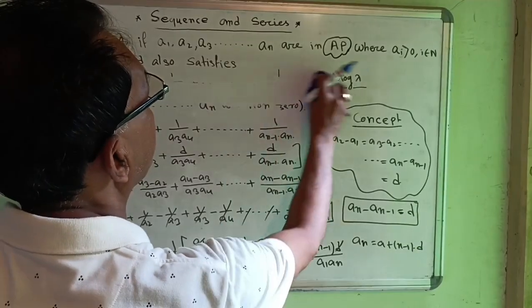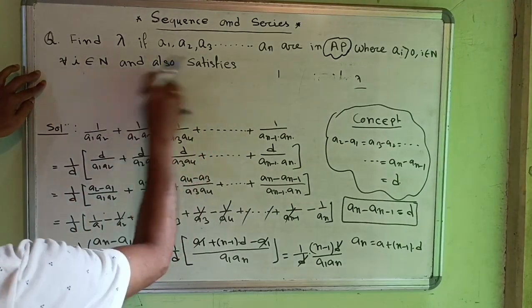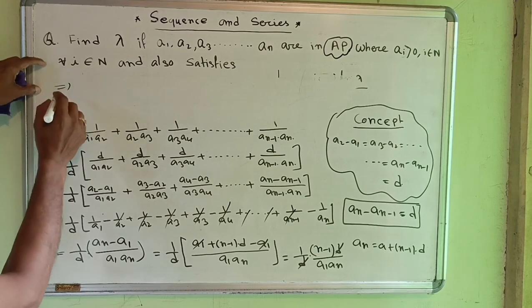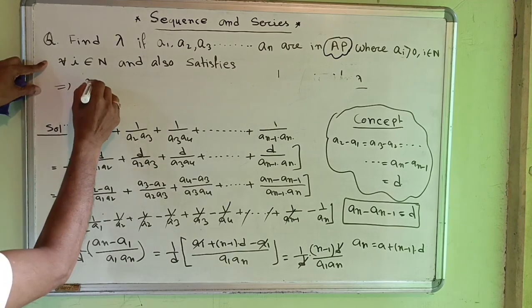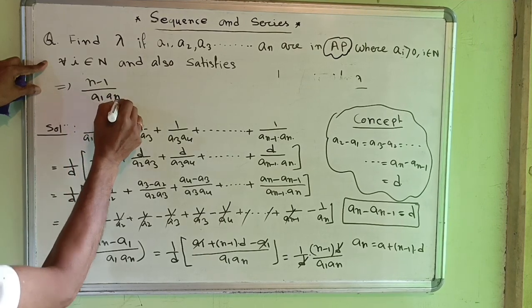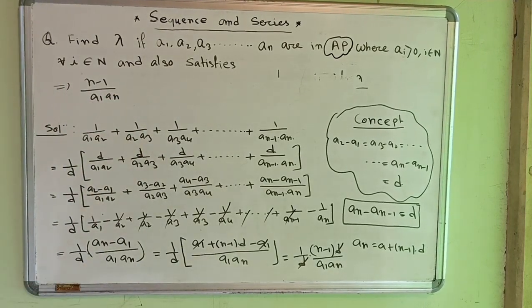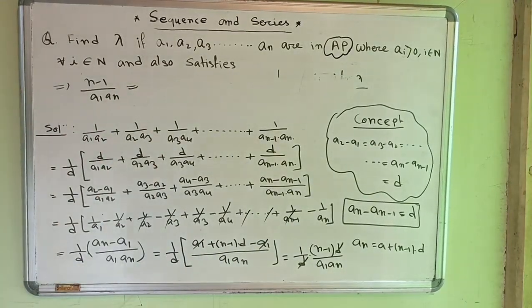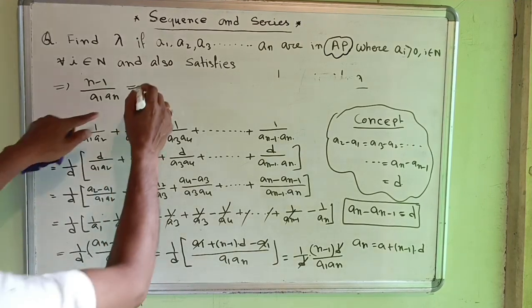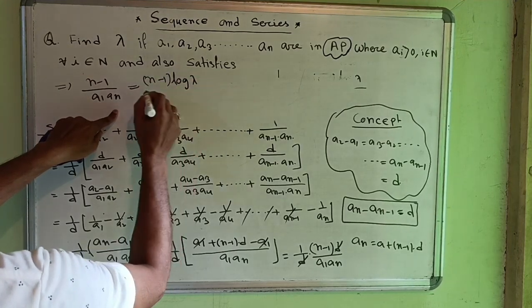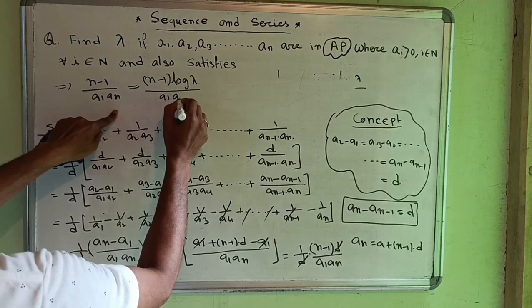Next, this equals n minus 1 by a1 an, which is given in the question as n minus 1 into log of lambda divided by a1 an.